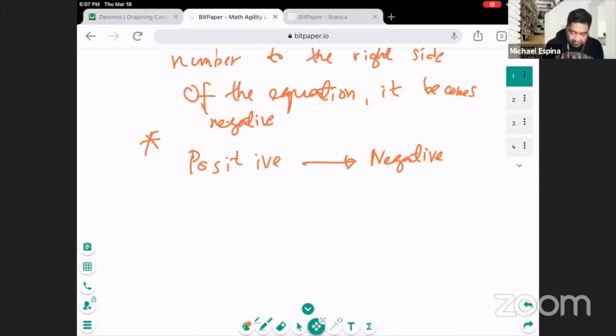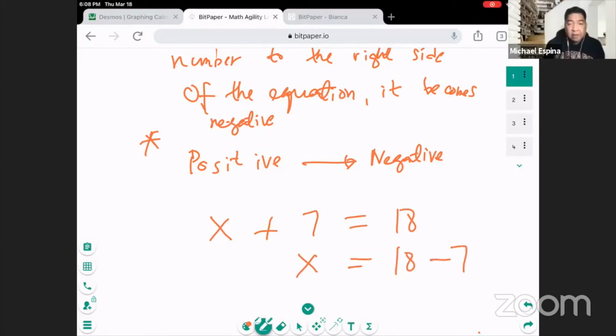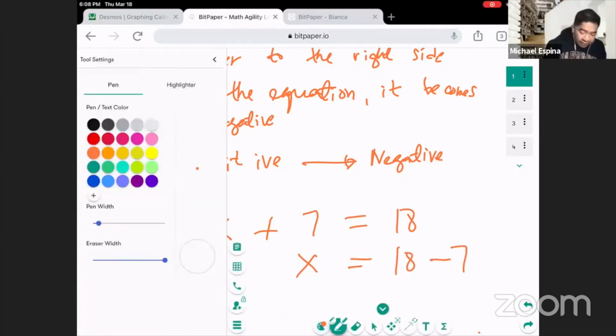So let's write it here. x plus 7 equals 18. Let's move 7. So x would now be equal to 18 minus 7, because 7 is a positive number.